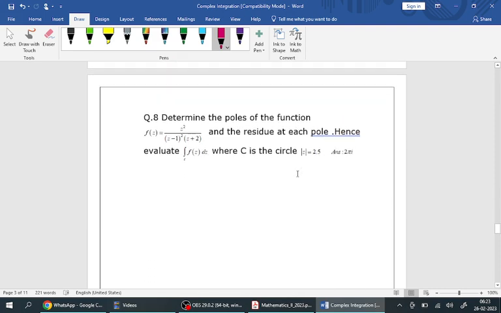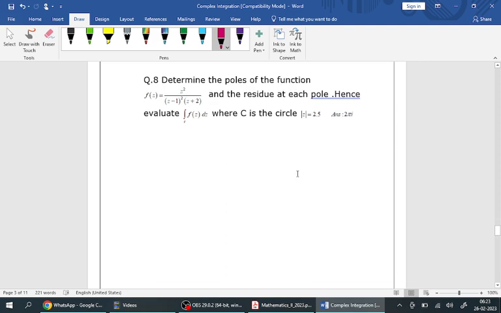We'll move to question number 8 now. Question 8: determine the poles of the function and the residue at each point, hence evaluate. Whatever the situation, we have to find the poles and the residues first, and then evaluate the value of the integral over the circle of radius 2.5. For this example, we have two different poles.